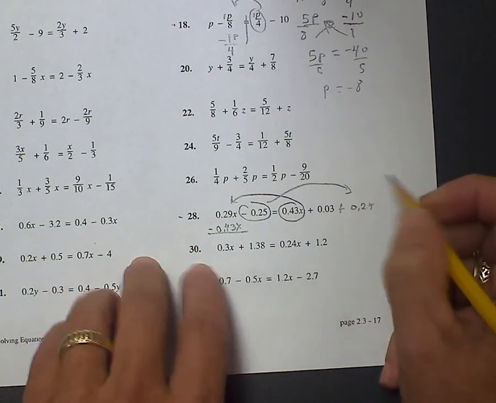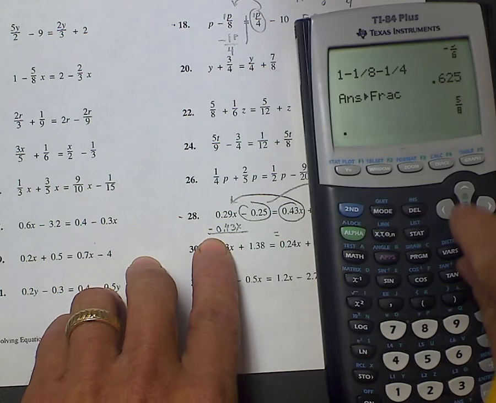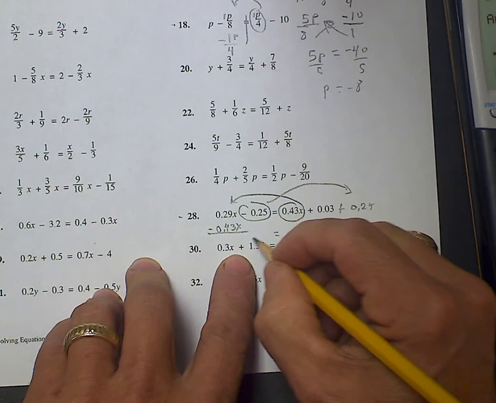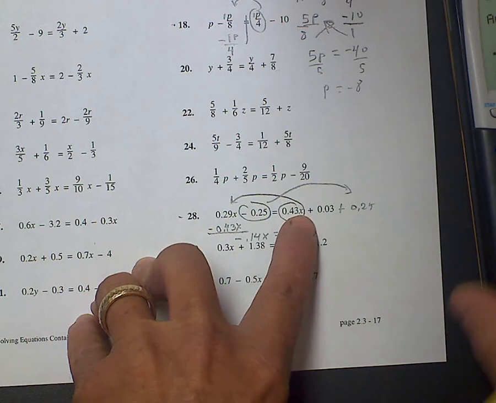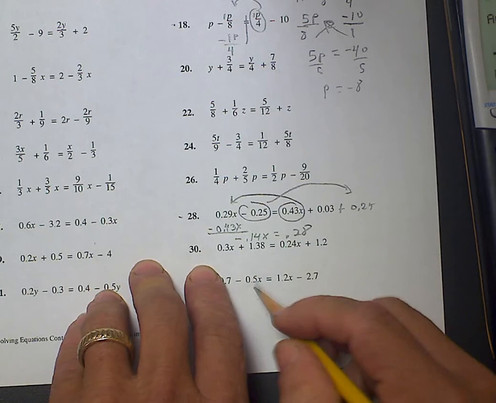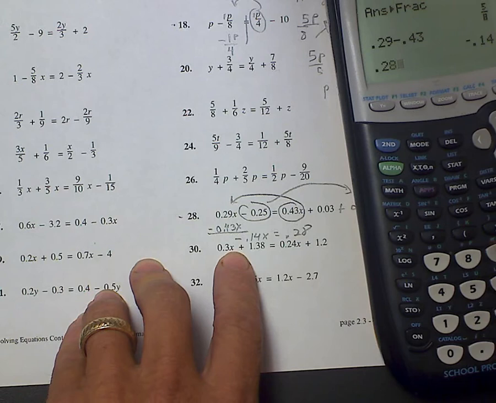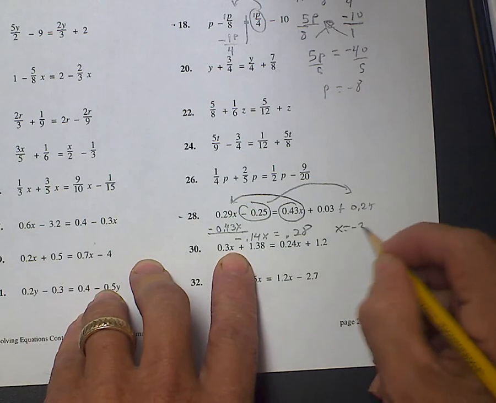And that's going to give me on the left-hand side 0.29 minus 0.43, so negative 0.14 x on the left. 0.03 plus 0.25 is 0.28 on the right. I'm going to divide both sides by negative 0.14. 0.28 divided by negative 0.14 gives me x equals negative 2. Okay?